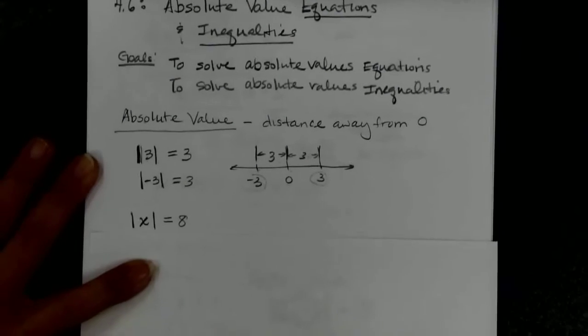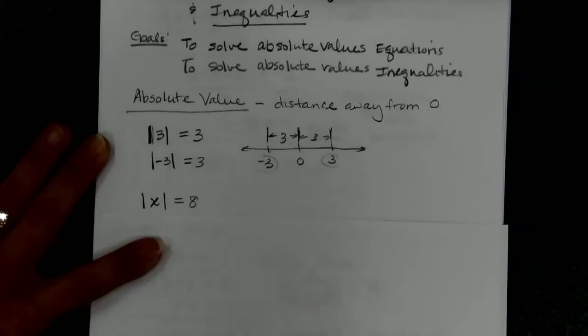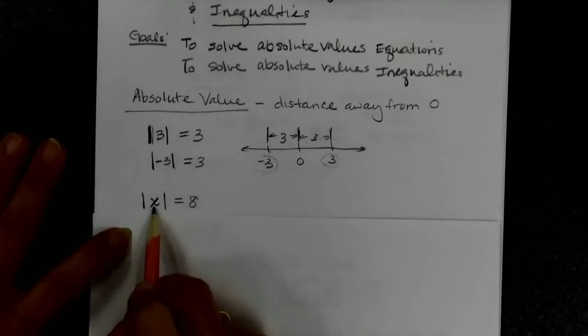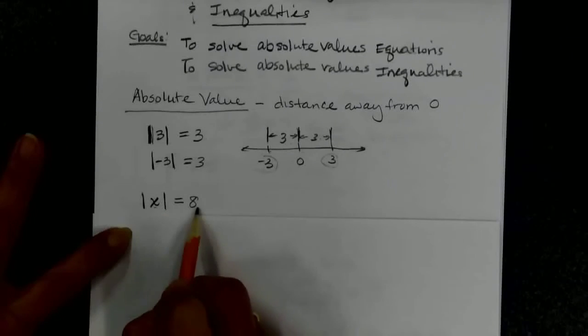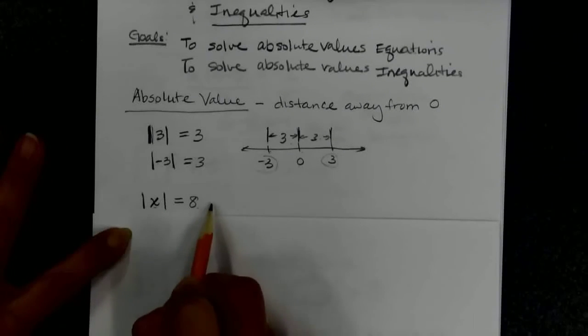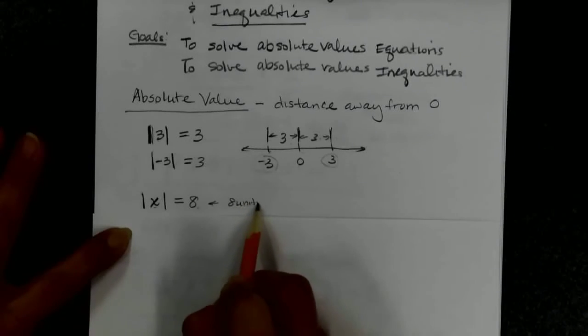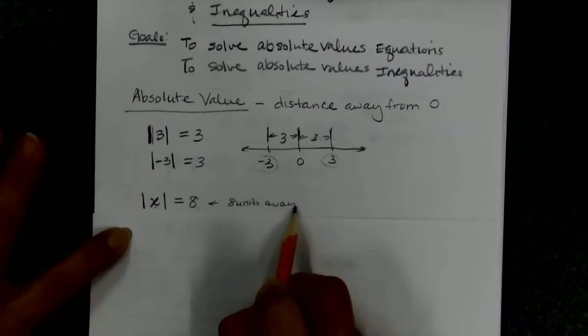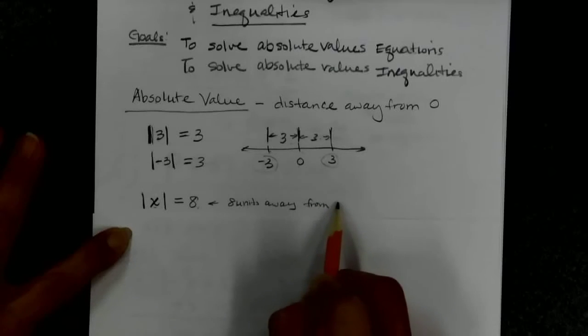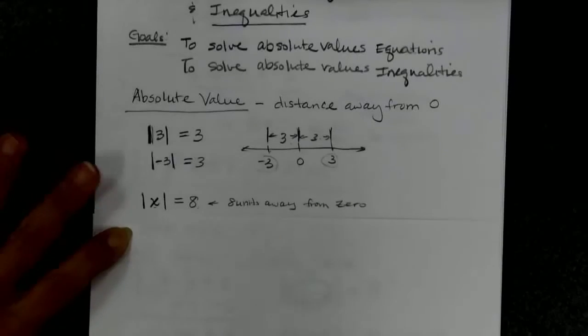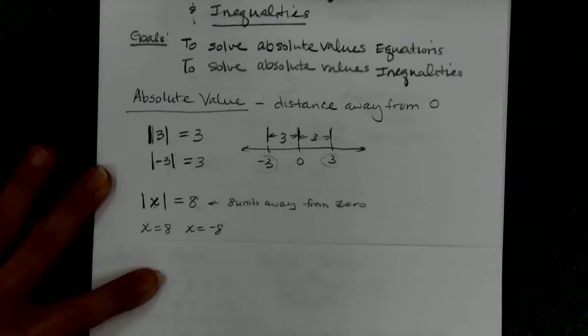If I said the absolute value of x is equal to 8, what it's asking is what are the numbers that are 8 units away from 0? And on a number line, those two numbers would be x equals 8 and x equals negative 8.